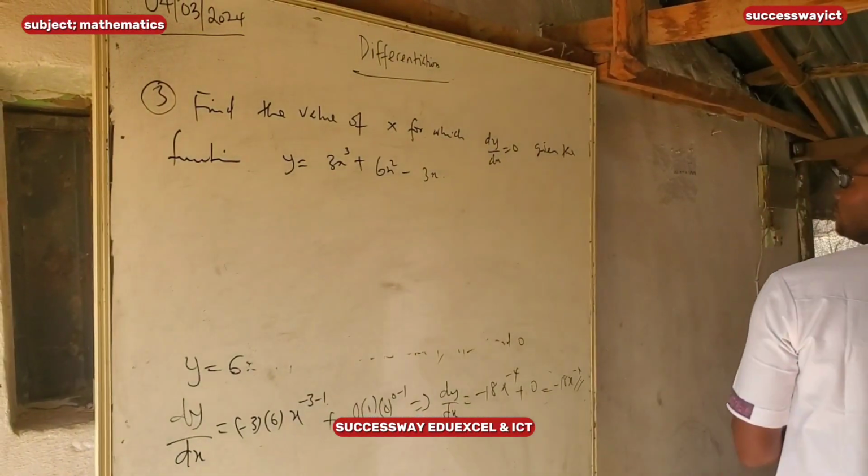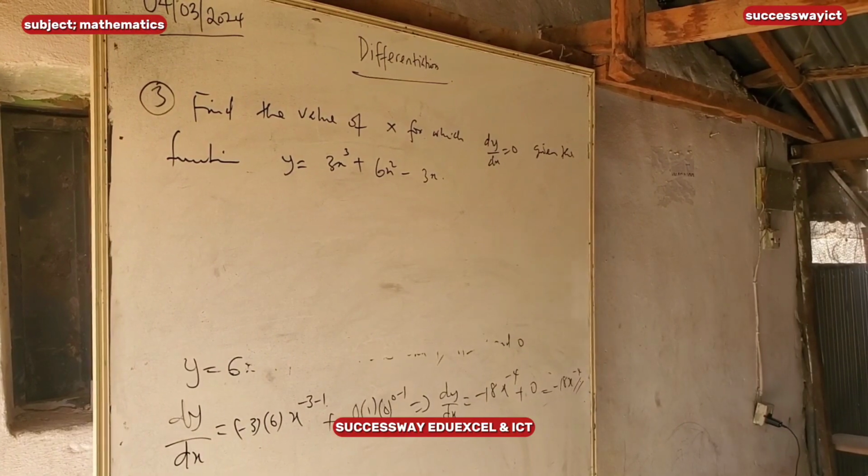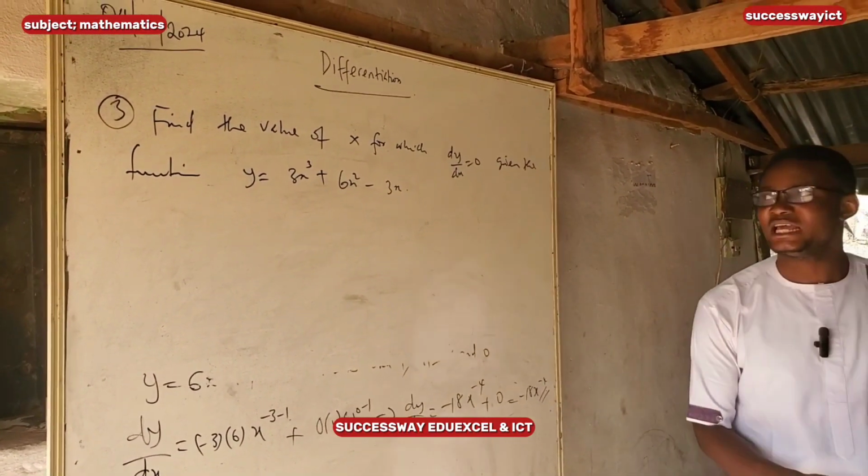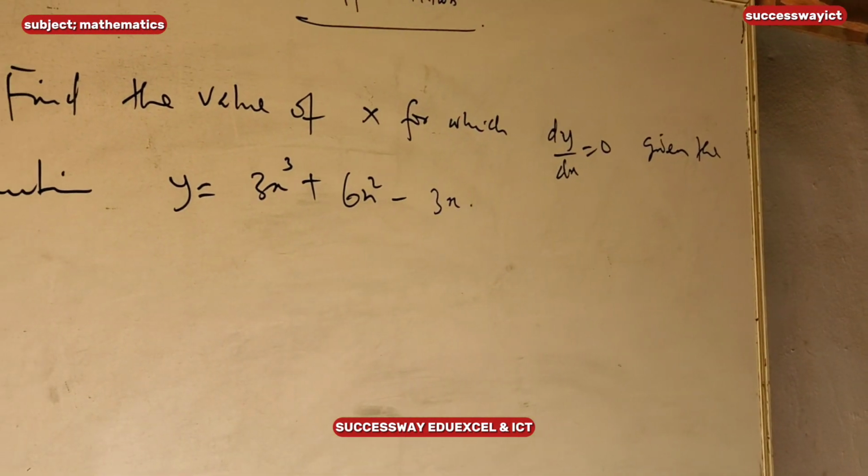Find the value of x for which dy/dx equals 0 given the function y equals 3x cubed plus 6x squared minus 3x.